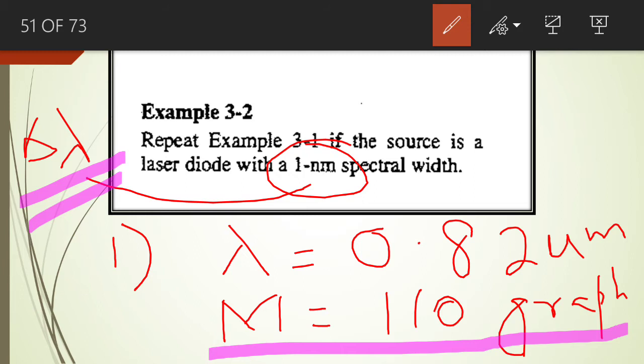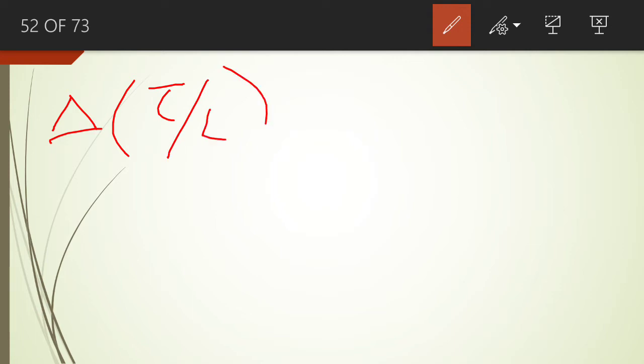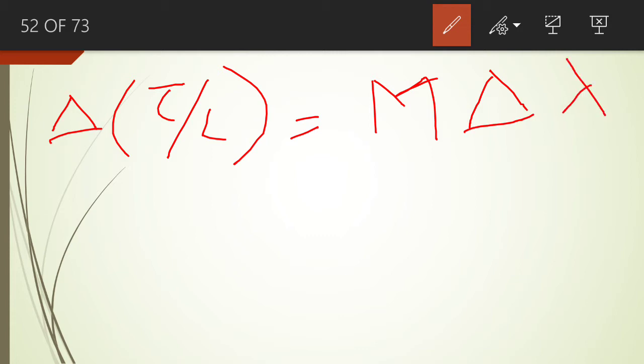So let us do the first part of example number 3.2, and we find out the pulse spread per unit length first. The pulse spread per unit length will be equal to m delta lambda. We ignore the minus sign in this particular case.